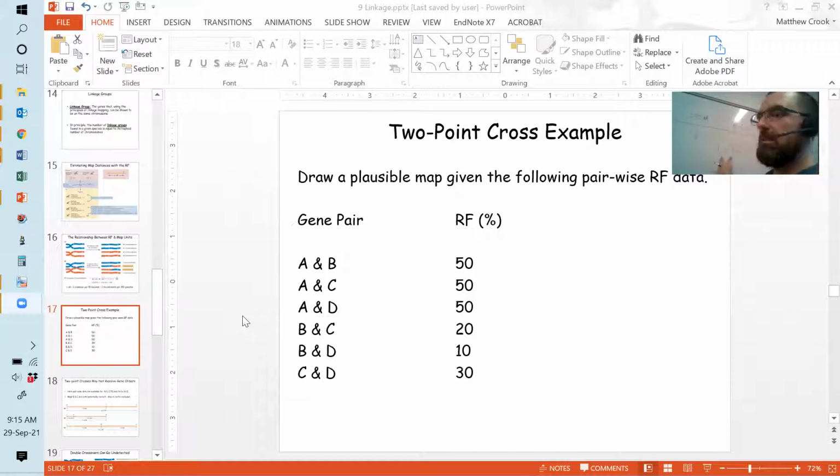So B and C are 20, B and D are 10. Oh yeah, no worries. I was looking, I was like, oh, that doesn't make sense. Thought I did it wrong. Anyway, so can C be between B and D?